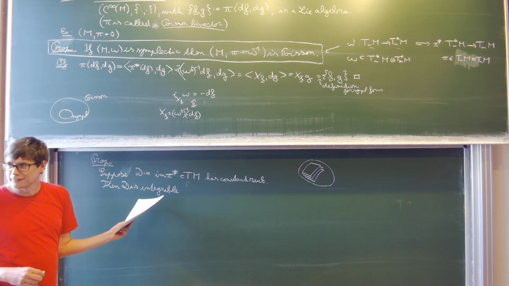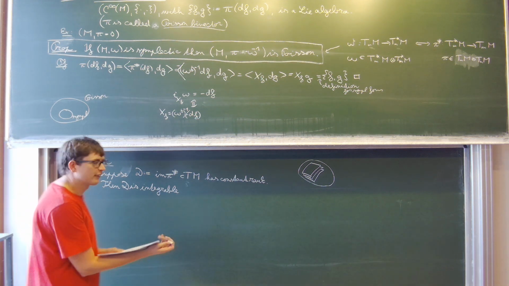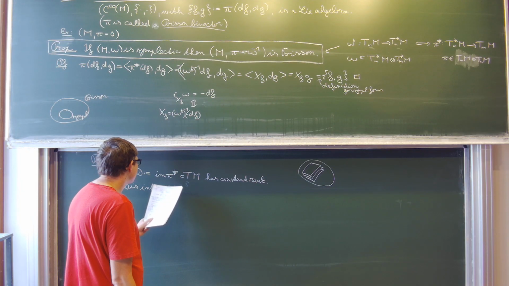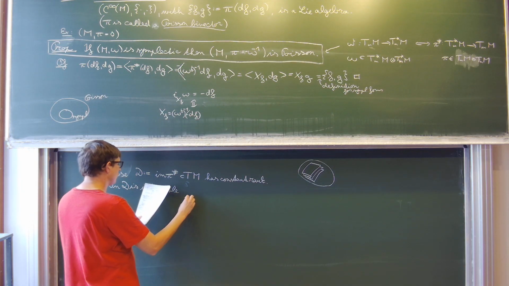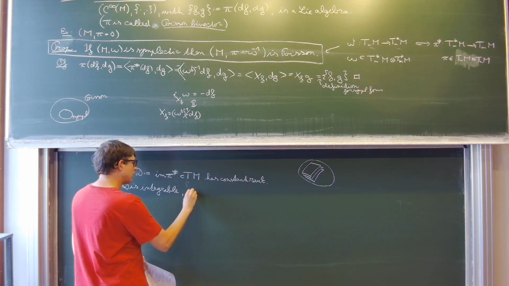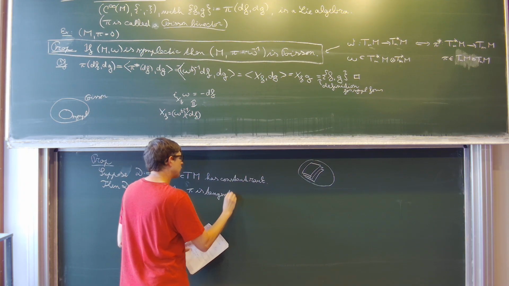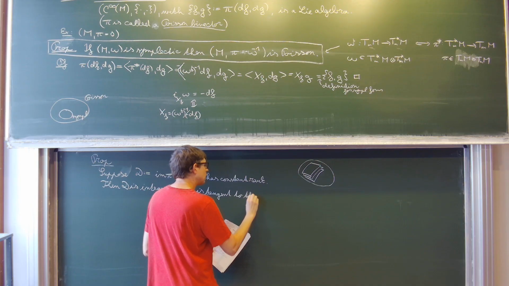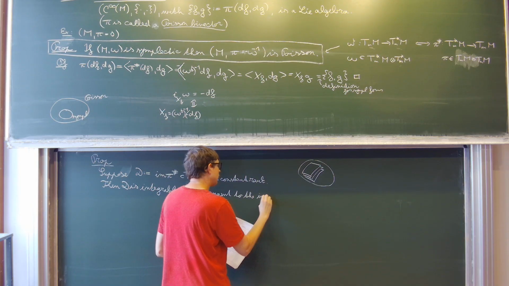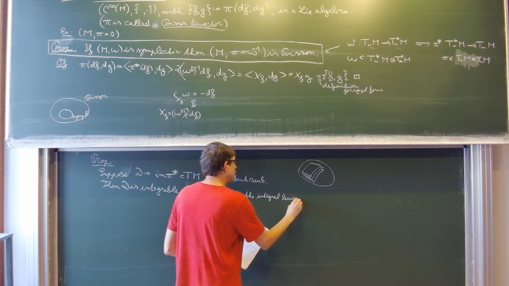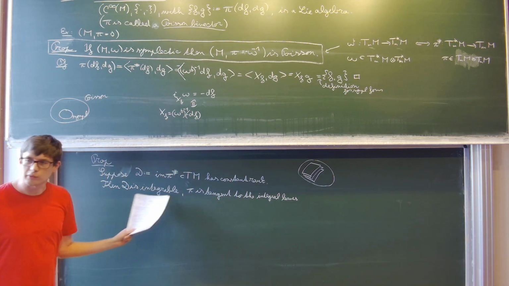Right, so this thing is integrable. The Poisson vector is tangent to the integral leaves. If it wasn't integrable, you would not have leaves. That's why this sentence goes after this one.